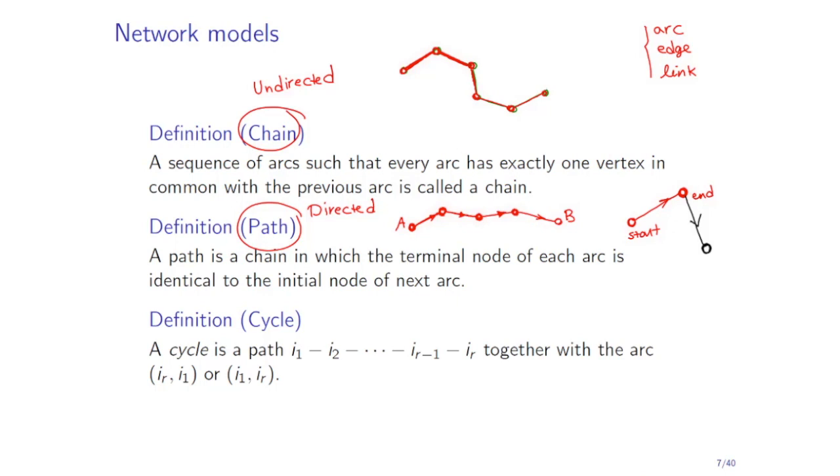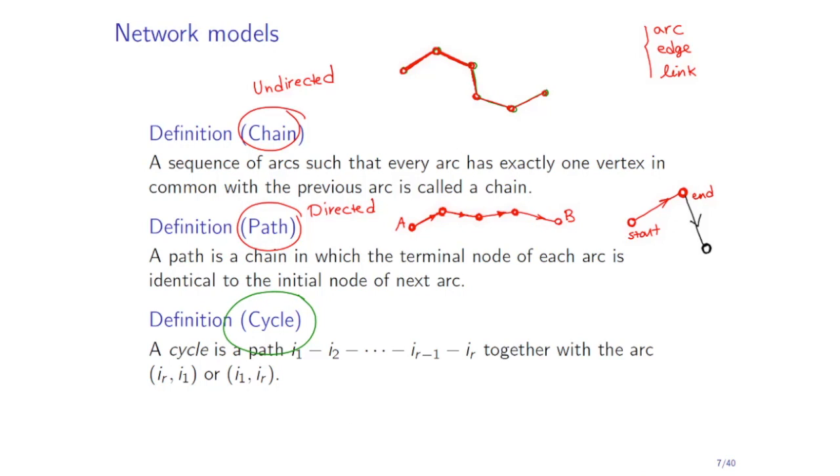The other concept that we have is cycle. It is again intuitive. We have cycles in undirected graphs as well as directed graphs, and a cycle is simply a chain in an undirected graph such that the start vertex and the end vertex of the chain are the same vertex.